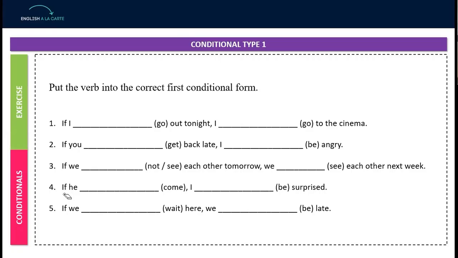Number one. If I go out tonight, I will go to the cinema. Yeah, very good. Number two. If I get back late, I will be hungry. Angry. All right.